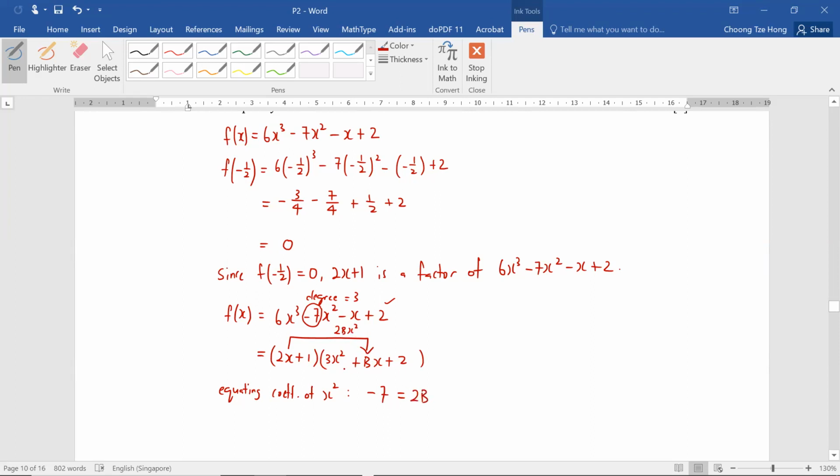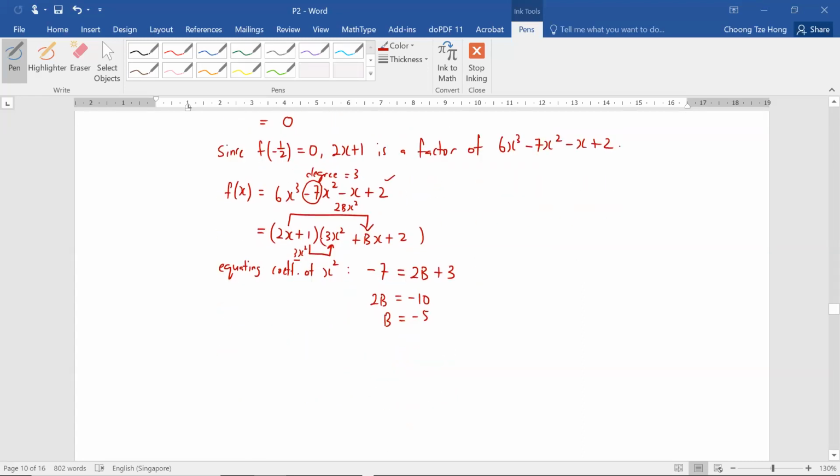Right, so can we find another x squared term? Yes, it will be this one. 1 times 3x squared will give you 3x squared, so the coefficient is 3, so plus 3, right? Then from here we get negative 10 equals 2b. Bring the 3 over, then b will be negative 5.